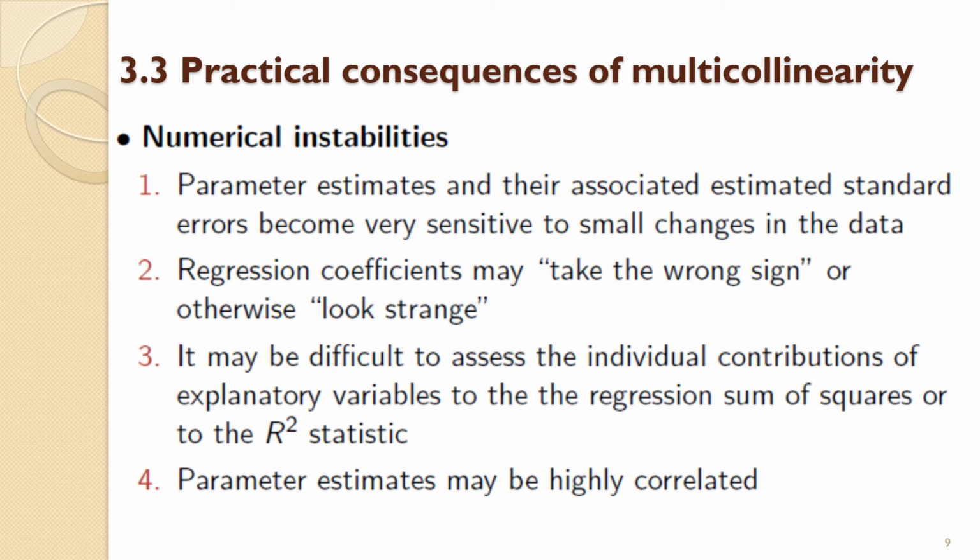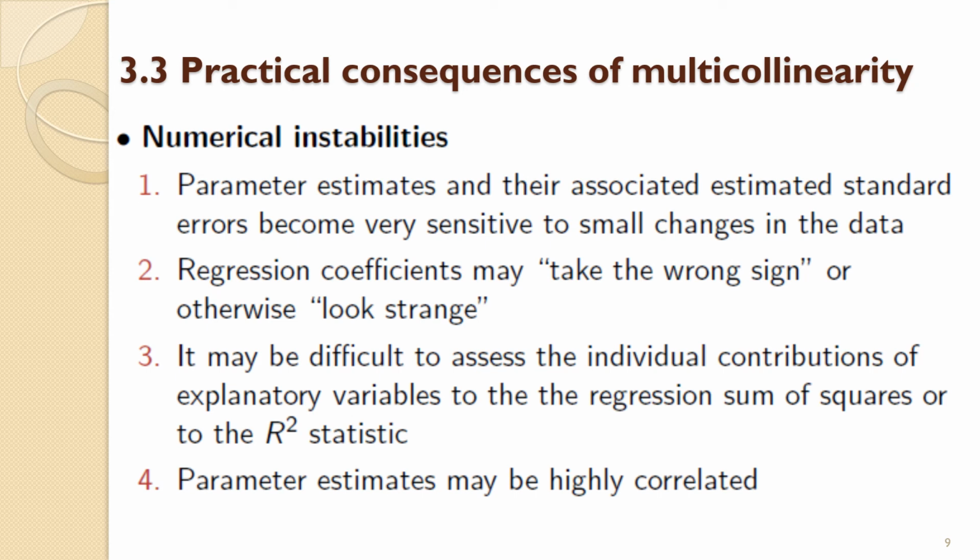So what you might see as evidence of the numerical instabilities is that parameter estimates and their associated estimated standard errors become very sensitive to small changes in the data. Look for things that look wrong or strange. Very useful thing to do whenever you're looking at any numerical or accounting and finance data. And as part of that, what you might see is that regression coefficients take the wrong sign or otherwise look strange.